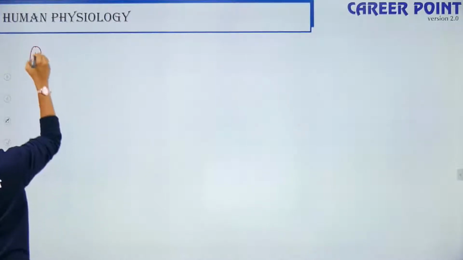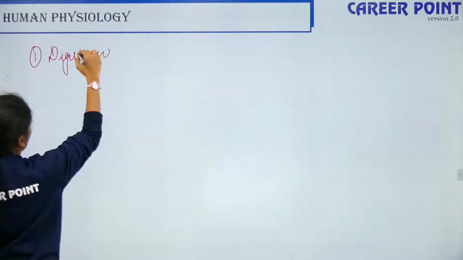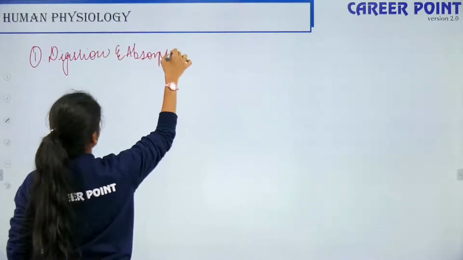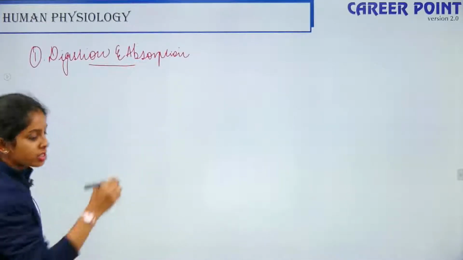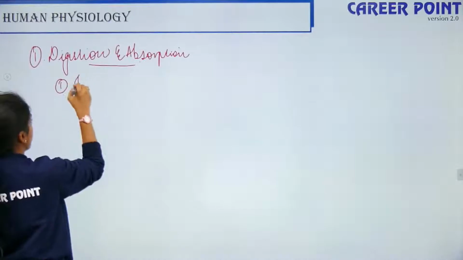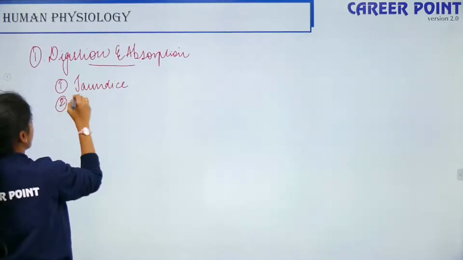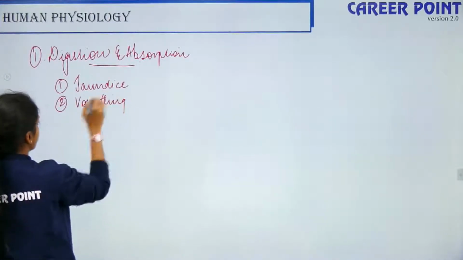So first we started off with digestion and absorption. Do you remember the disorders that we spoke about in digestion and absorption? Tell me quickly, it is a quick recap. First we spoke about jaundice. Then we spoke about vomiting, so you have to remember the vomit center here.